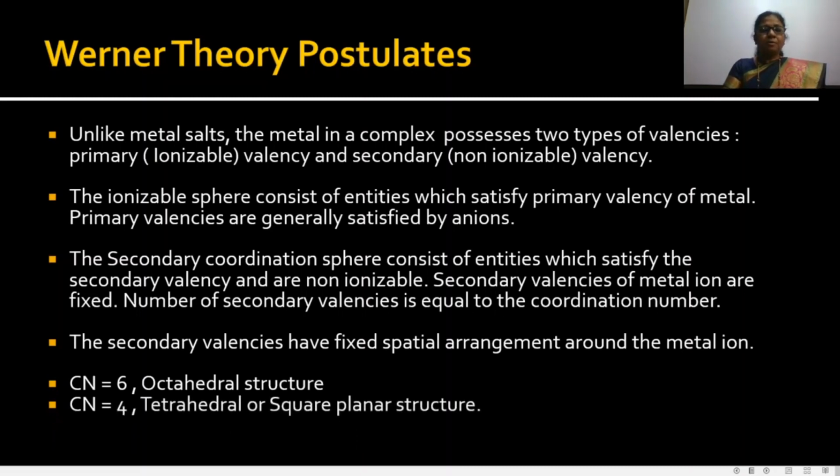And if the coordination number is 4, that means the secondary valency is 4, which is non-ionizable, and its geometry is tetrahedral or square planar. That means according to their coordination number, they have fixed structures.